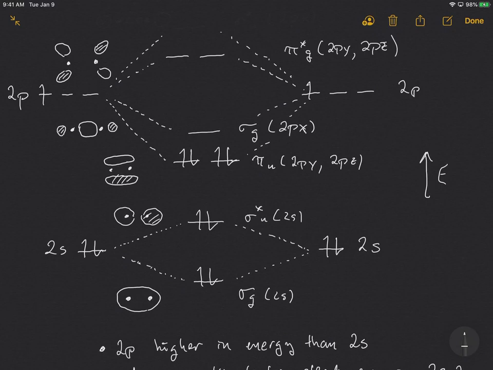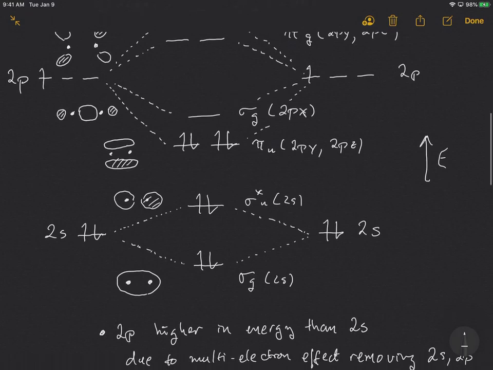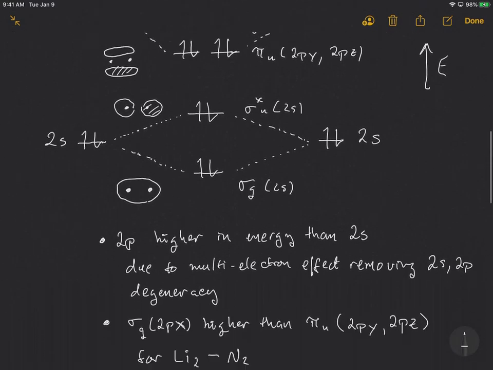So they'll pair up like that. That will be the lowest energy electronic configuration. And this will give us a bond order of 2 and a singlet.